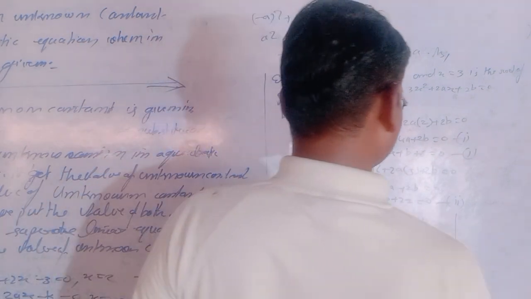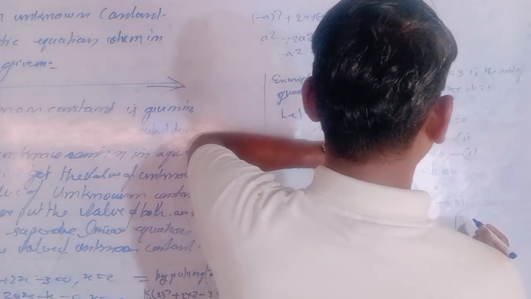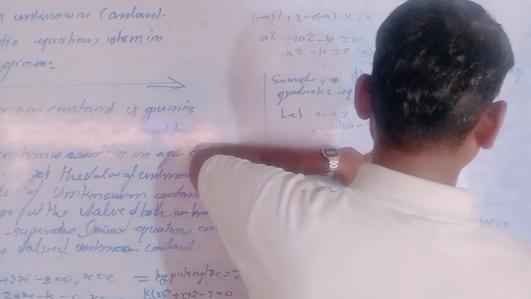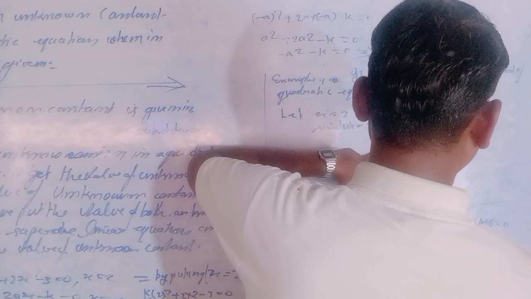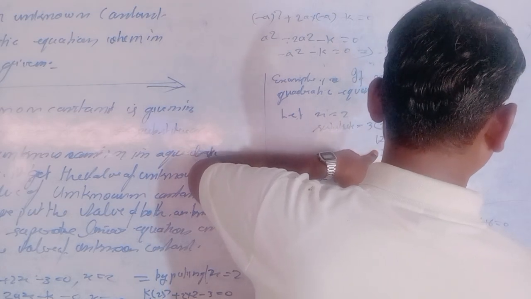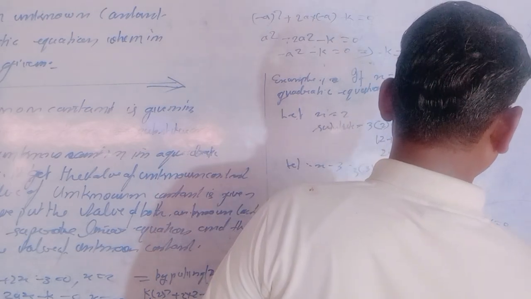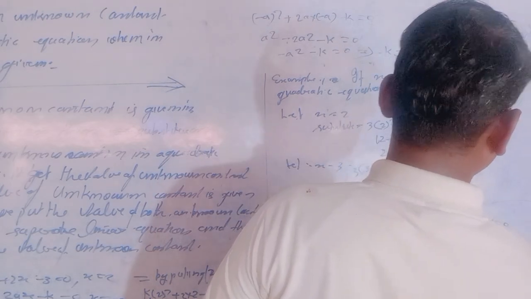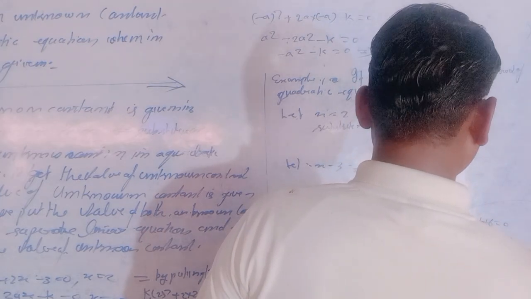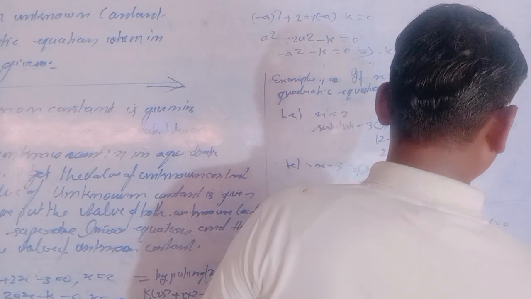Take the first equation: 2a plus b plus 6 is equal to 0. 2 into 15 by 2 plus b plus 6 is equal to 0. So now cancel out: 21 plus b is equal to 0. Then b is equal to minus 21. So the answer will be a is equal to 15 by 2 and b is equal to minus 21.